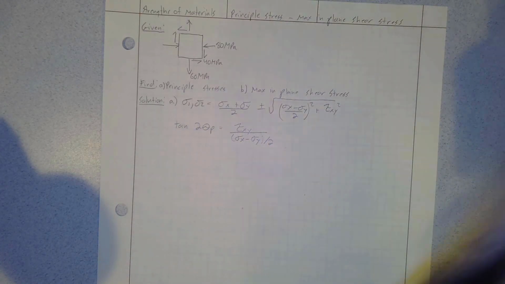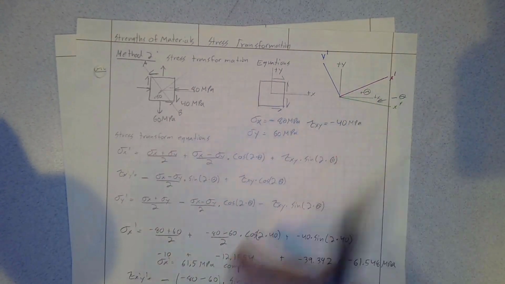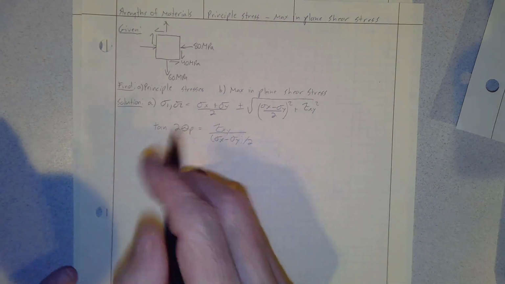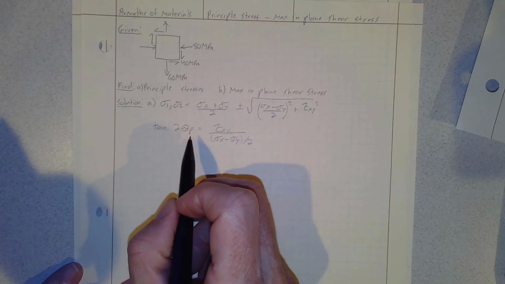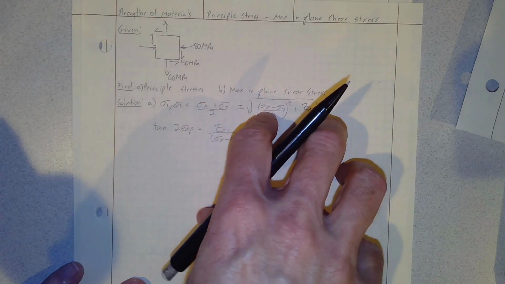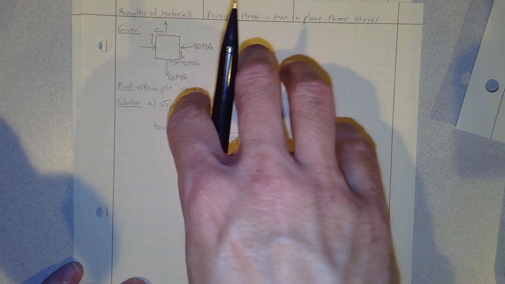Remember we had our definition of what a positive rotation angle was up here. We can use this equation here, tan of 2 times our unknown theta p. That theta p is the angle we need to rotate our element to get to the orientation where we're at principal stresses.